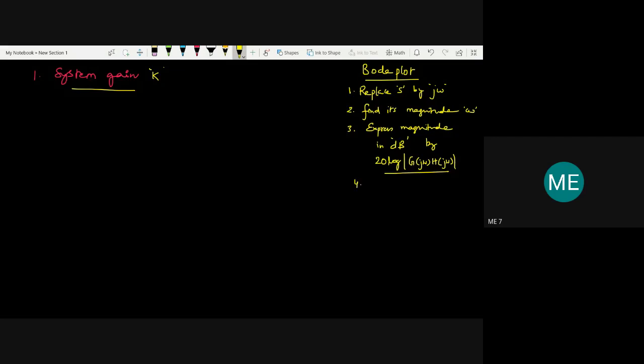So this talks about the magnitude calculation. Next, the fourth one is the phase angle. We are going to calculate the phase angle in degrees by using tan inverse of the imaginary part divided by the real part, that is tan inverse y by x.